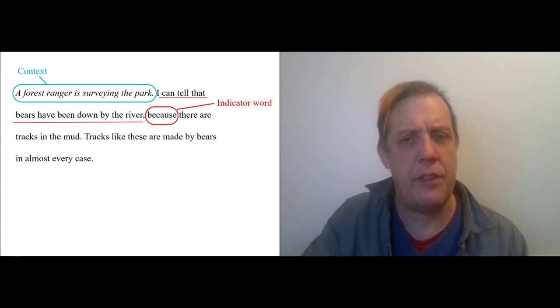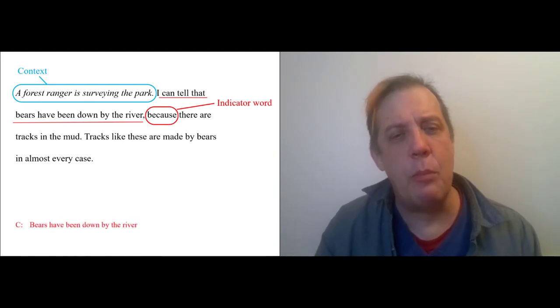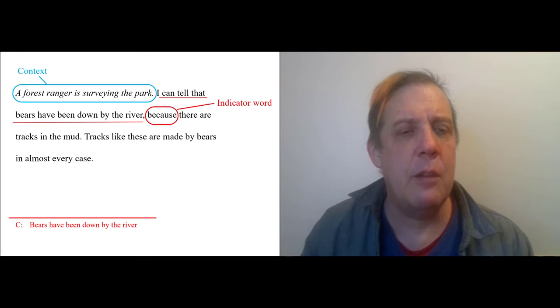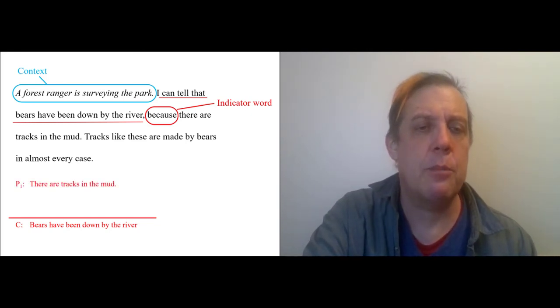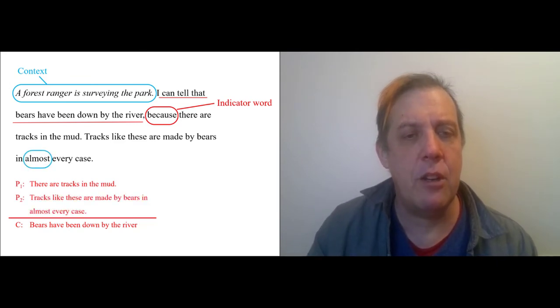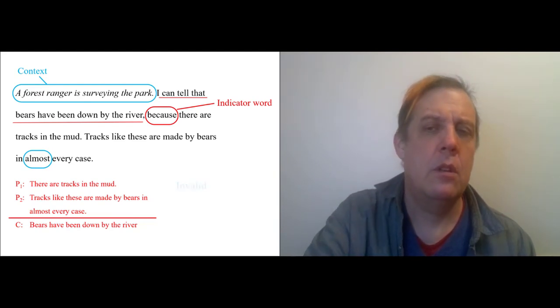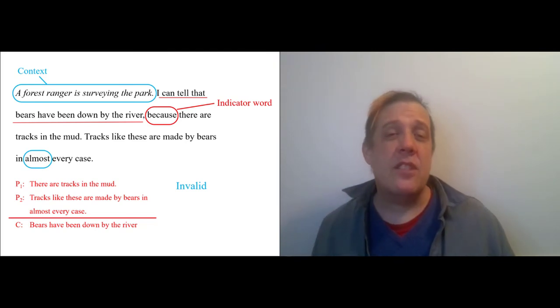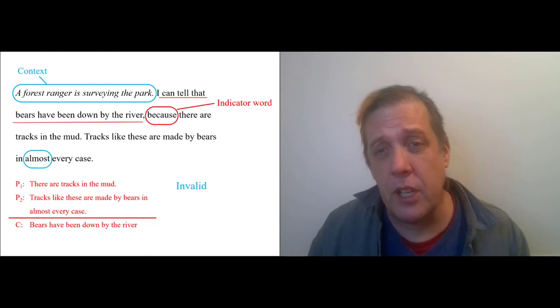We're not worried about the thinker. So we say, bears have been down by the river. We'll draw a line above it. That's our conclusion. And that means that the other two statements are premises. There are tracks in the mud, and tracks like these are made by bears in almost every case. Oh, but wait, there's that word almost. That means this argument is invalid. Nevertheless, it looks like it's a pretty good argument.